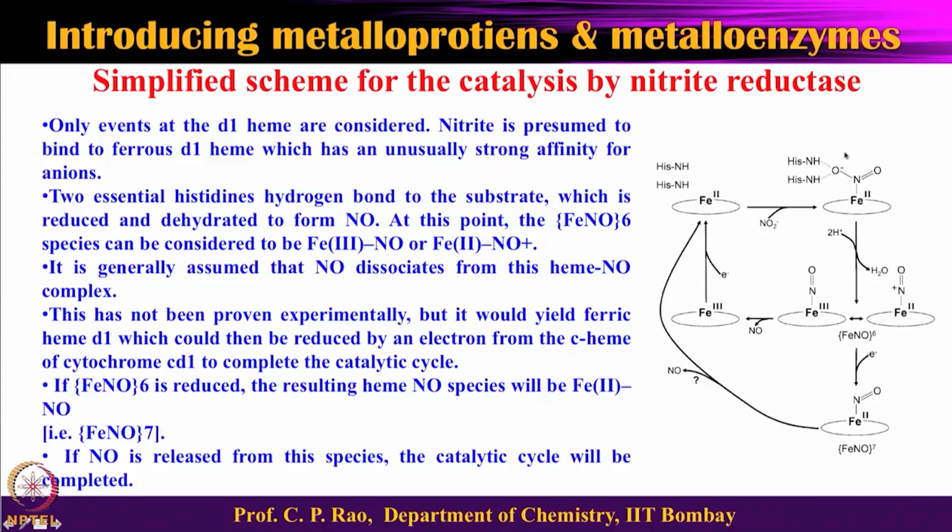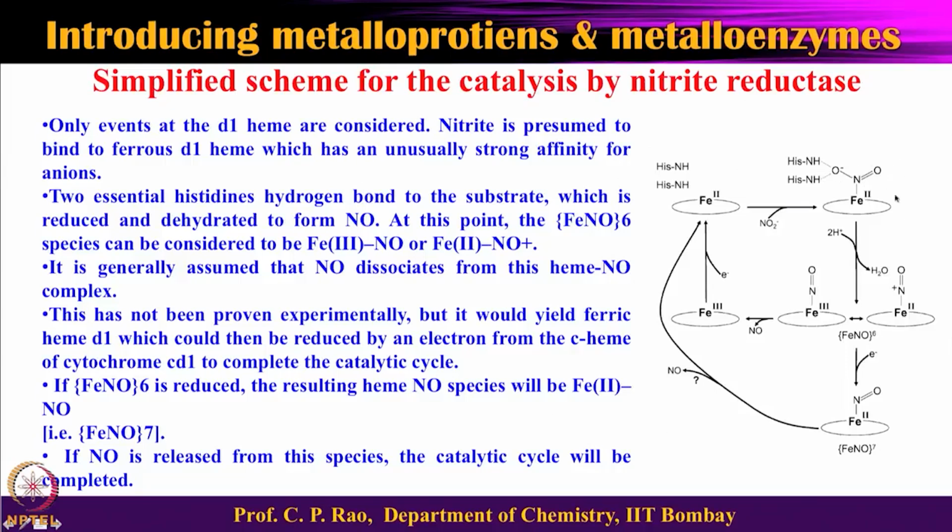Substrate binding recognition, as I told you earlier, requires secondary interactions, in this particular case these two. And additionally, these two histidines have a lot of importance. When you mutate these, the reaction goes, but the reaction does not complete because the NO does not dissociate.